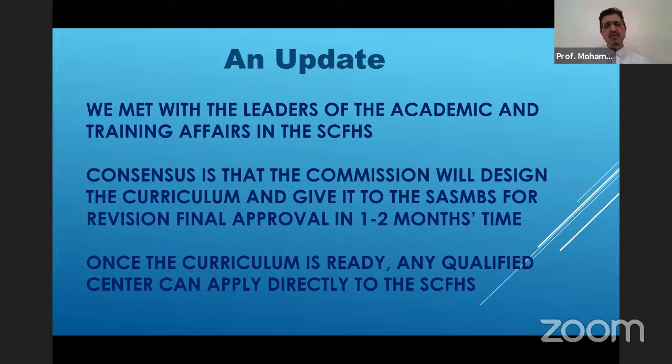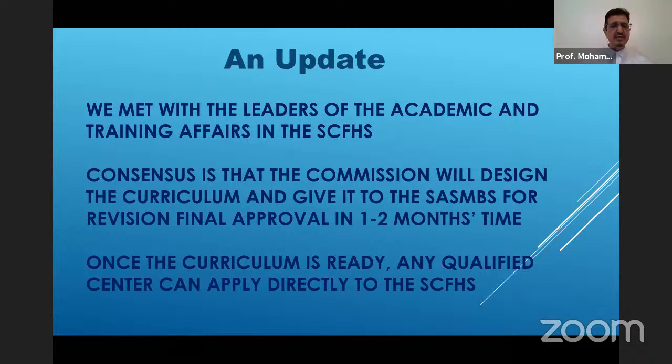However, we thought that our society, SASMBS, would be handling this program. But after the discussion with them, they are following the Canadian model, in which the commission prepares the curriculum and centers apply for that, compared to the North American or United States model, which makes the society make the program and we apply to the society.